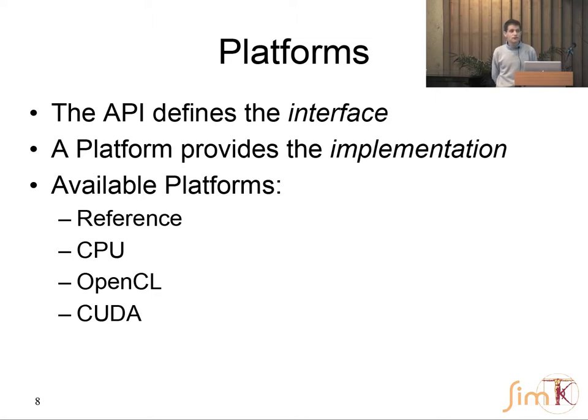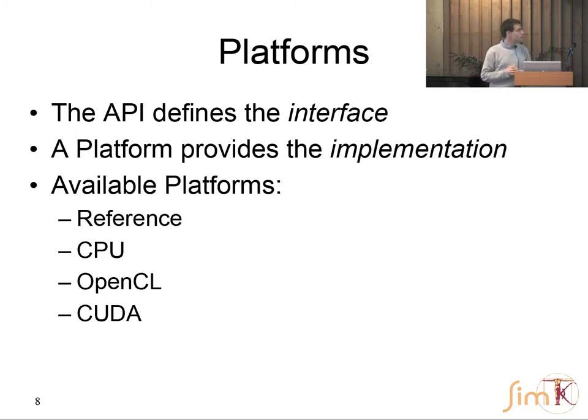There's the reference platform, which you never want to use in practice because it's very, very slow, but it doesn't make any attempt to be fast. The goal of the reference platform is to be very simple code, easy to write, easy to understand. When we're writing other platforms, we can use it as a starting point for exactly how the algorithm should be written, and we can compare our results to it, when we're writing much more complicated GPU code for example, to make sure that it's giving the right result.